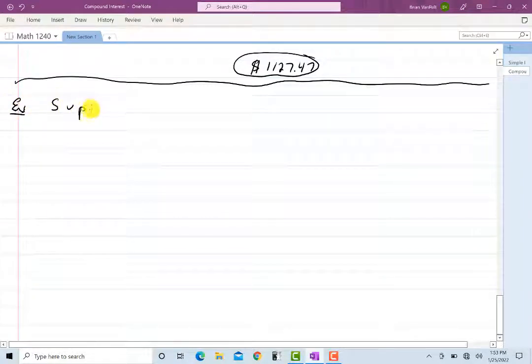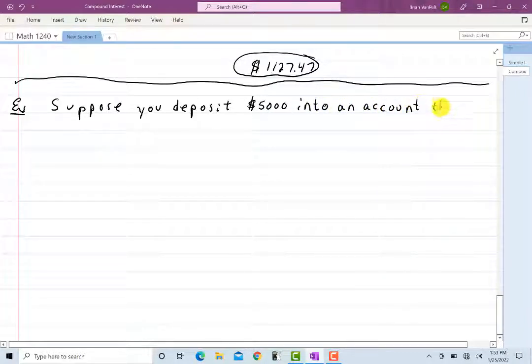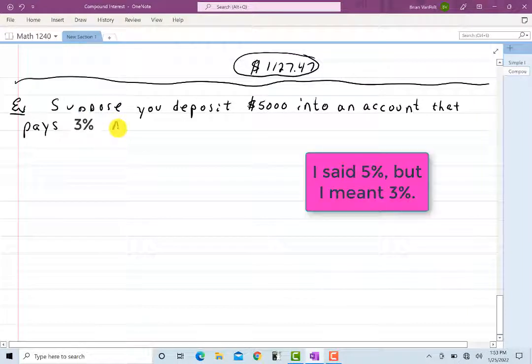All right, next, suppose you deposit $5,000 into an account that pays 5% APR.